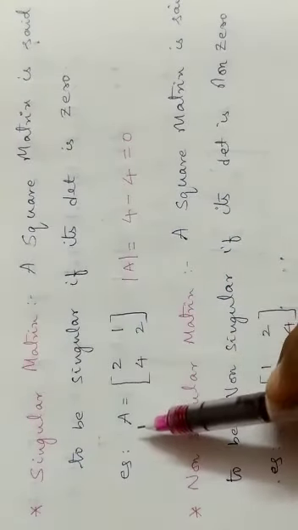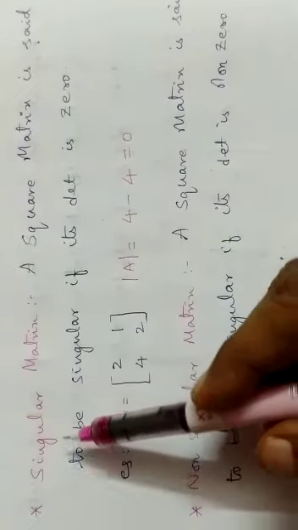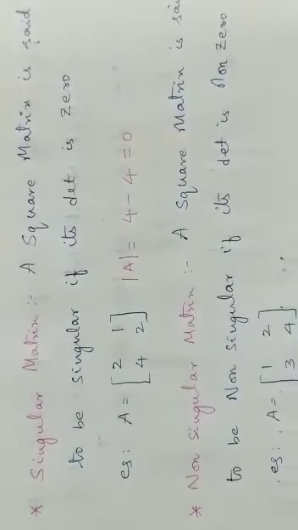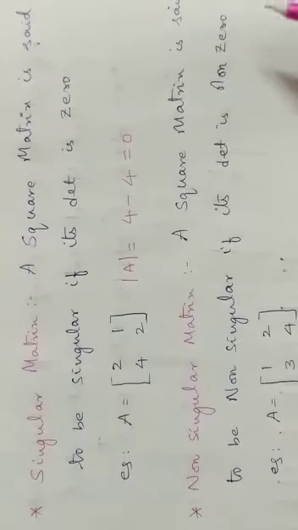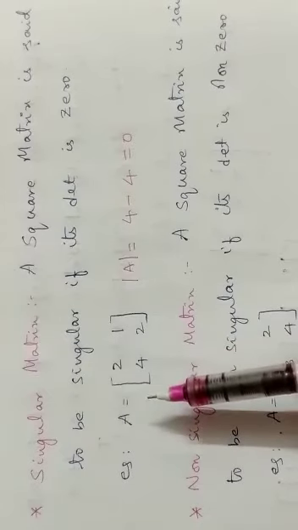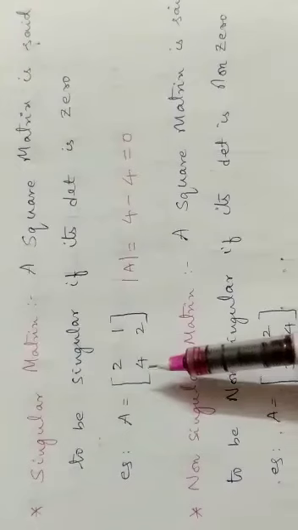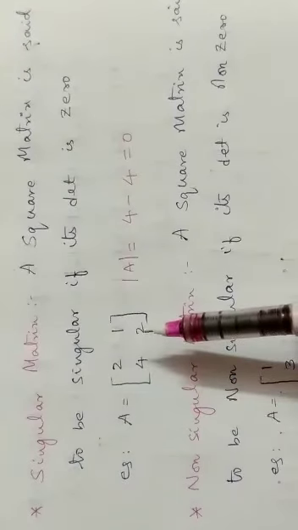If the determinant of a matrix is 0, the matrix is called a singular matrix. Which means it can be a 3 by 3 matrix or 4 by 4 matrix or 2 by 2 matrix, irrespective of the square matrix order.